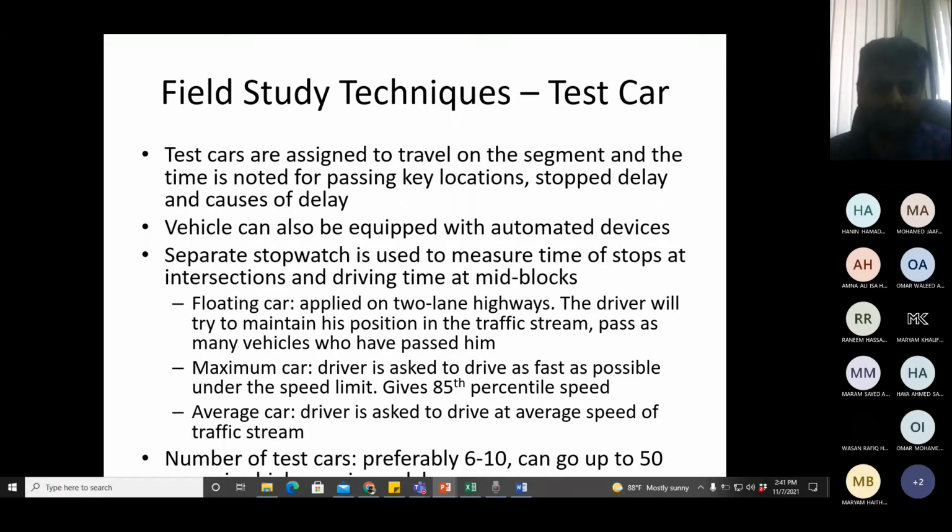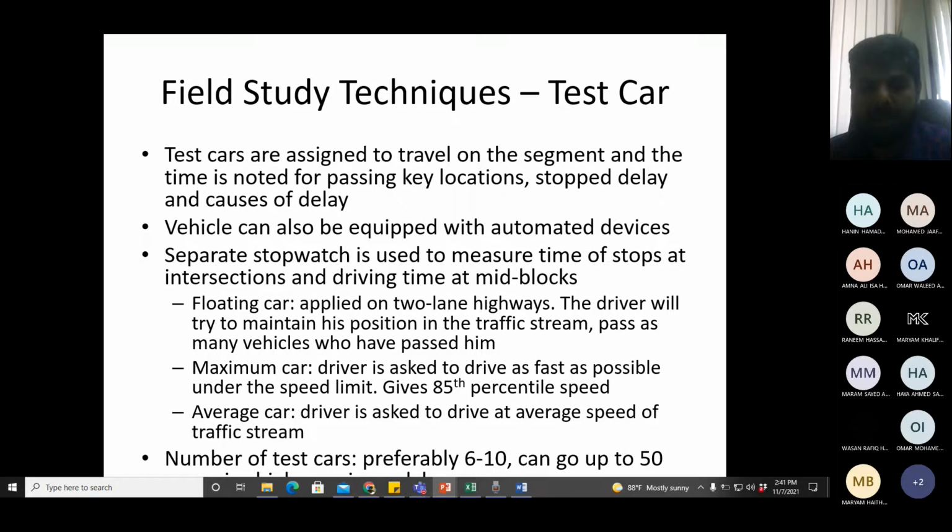Once you take the travel time, you can calculate the speed of that segment using the travel time. The speed which is calculated using the travel time of the maximum car technique is assumed to be the 85th percentile speed of that segment. And what do we mean by percentile?